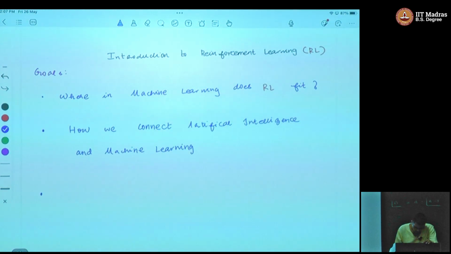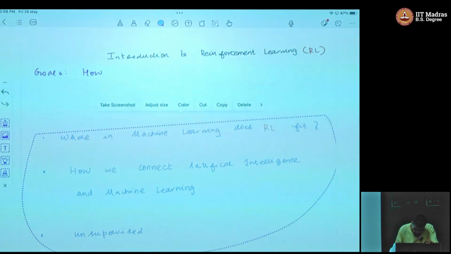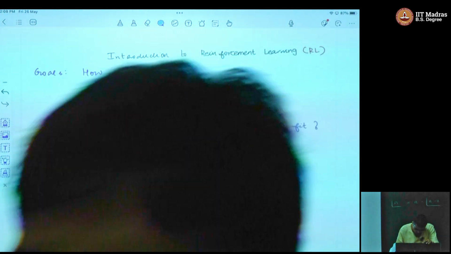Such as unsupervised learning. So our goal is to say what RL is and how it connects to the other keywords.